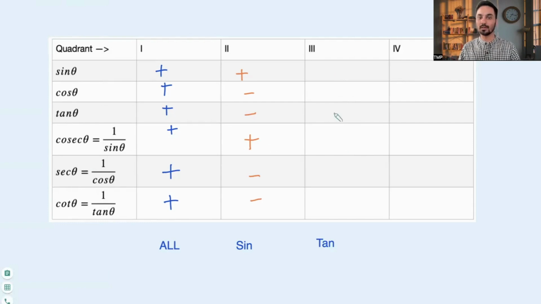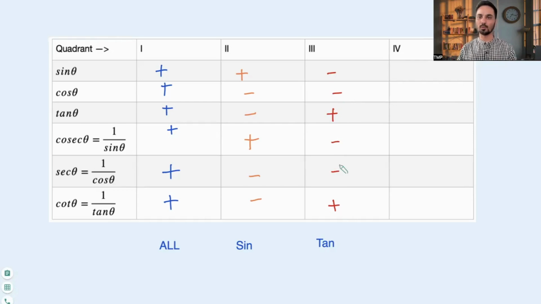So we found that in the third quadrant, tan is positive, so its reciprocal is also positive, and the rest of the trig ratios are negative. So sine is negative, cos is negative, and their reciprocals are negative.